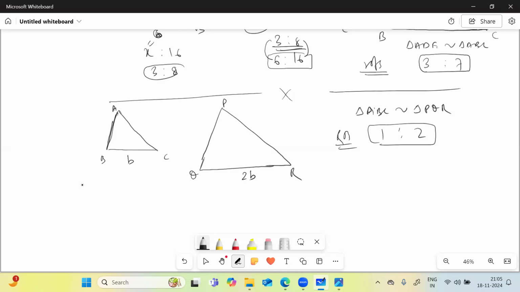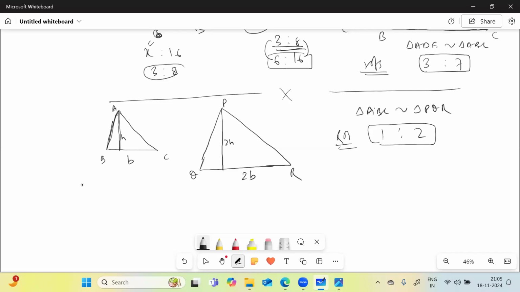And let's say I'm considering the height from A to BC is H. Then height from P to QR will be 2H. Exactly. So whatever the ratio of similarity is, it will be followed by all the sides of the triangle, even if it is not drawn. Generally, we know the sides of the triangle are AB, BC, and CA.